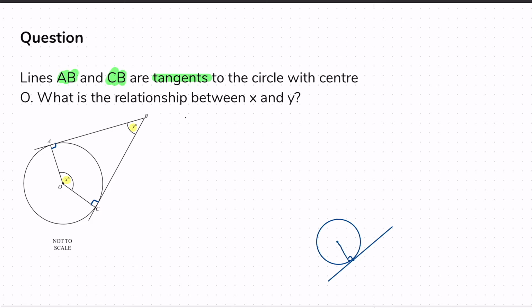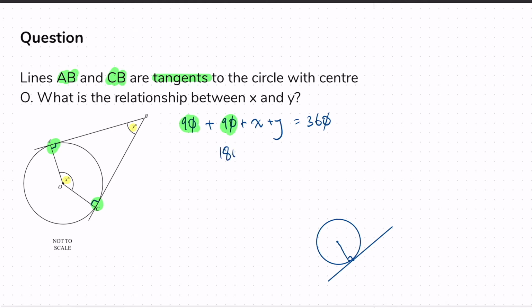So we've got 90 in here, plus, well, we've got another 90 down the bottom at the tangent, plus x plus y equals 360.